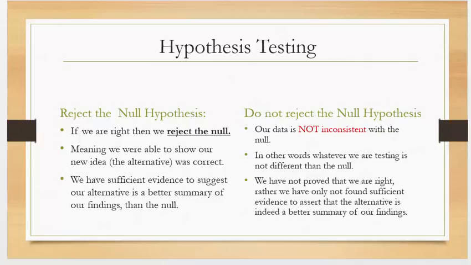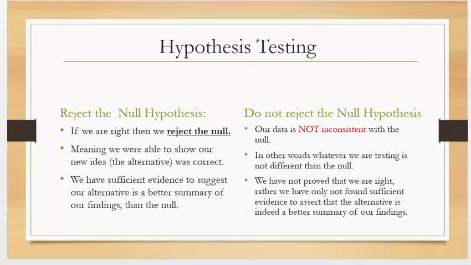So we have not found evidence to reject what we normally assume to be correct. We have not proved that we're right, rather we have just not found sufficient evidence to assert that the alternative is a better explanation of things than our null hypothesis has been.